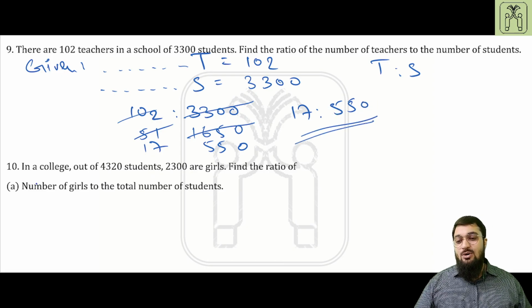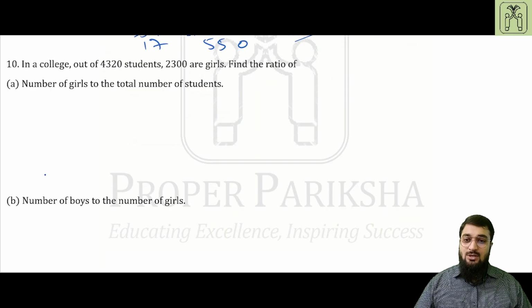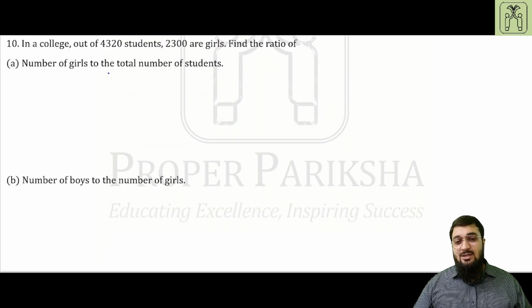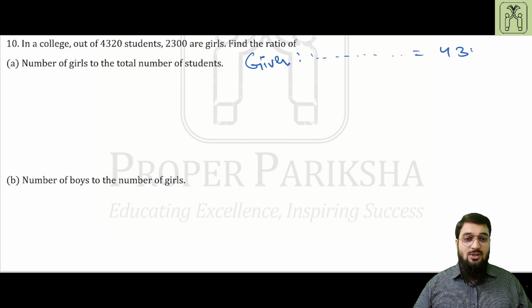Now coming to the next question: in a college, out of 4,320 students, 2,300 are girls. Find the ratio of girls to total students, and so on. We'll start by writing given: total number of students in a college is equal to 4,320.